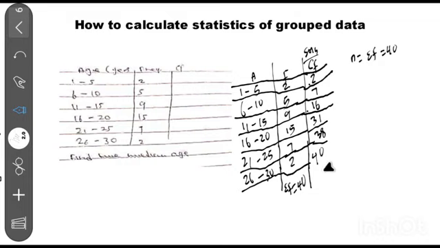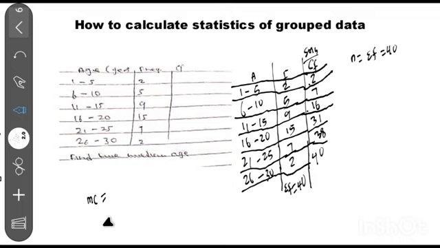Now that you have your cumulative frequency, the next step is to find the median class. Let me put the median class as MC. The first step is to find your cumulative frequency.